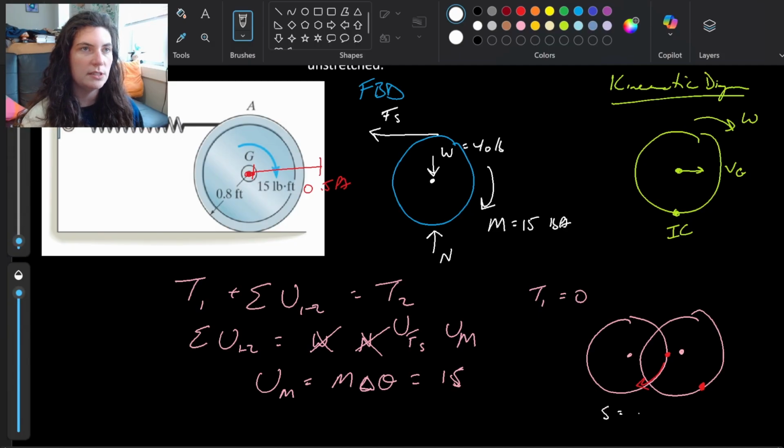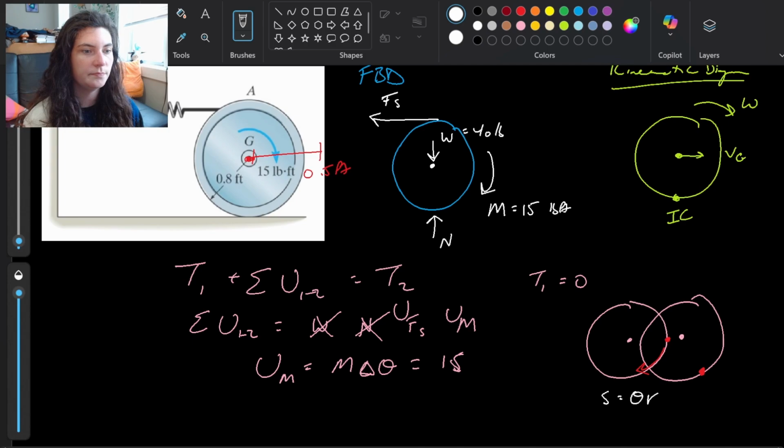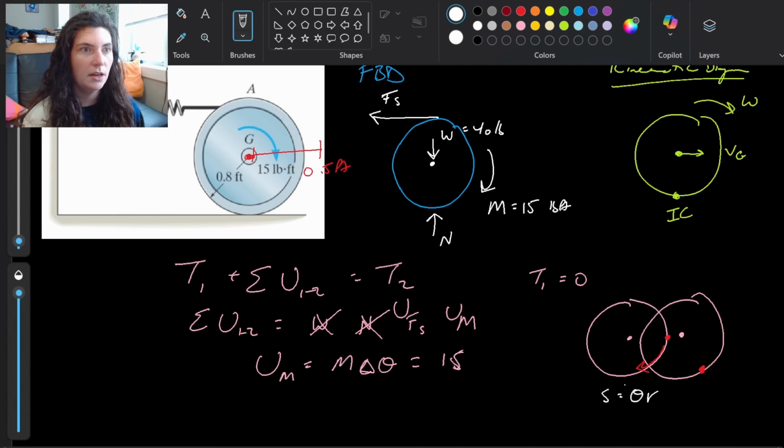What we can do is say, okay, well, our S is theta times R. We know our arc length equation. Our S is theta times R. And so this displacement that we're going through from point to point here is going to be our S. So theta equals S over R, where S is 0.5, and we know the radius of that wheel was given as 0.8.